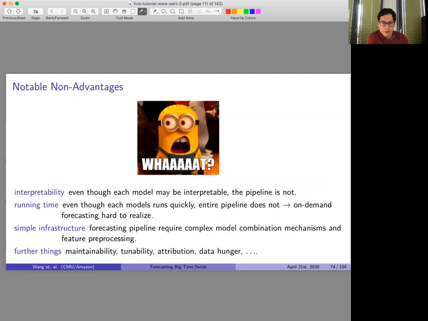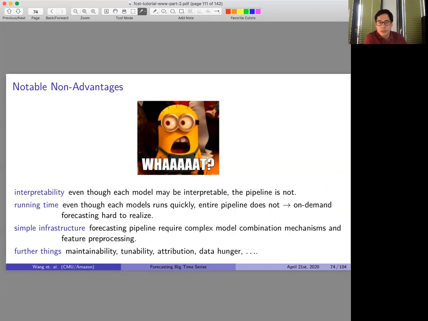However, from a forecasting system point of view, we are really looking at the interpretability not of every single layer of the onion, but of the onion itself. So while every model, every step or every layer of the onion may be interpretable, the whole pipeline might quite likely not be interpretable. Running time may also be quite high.